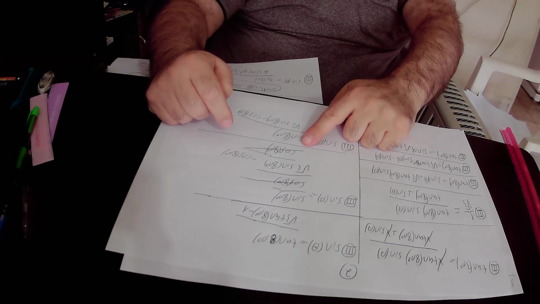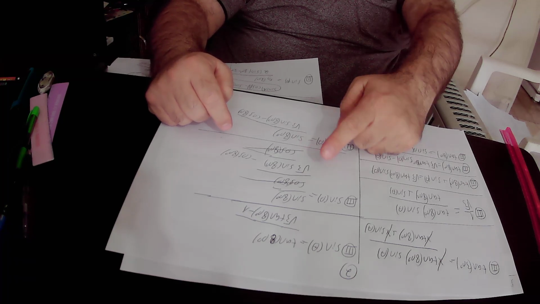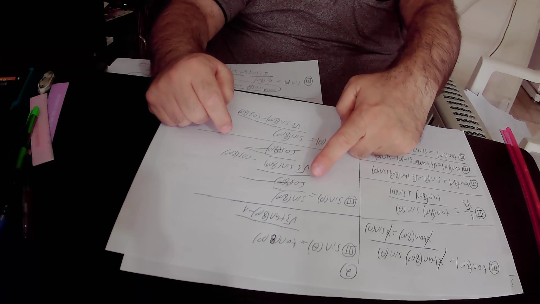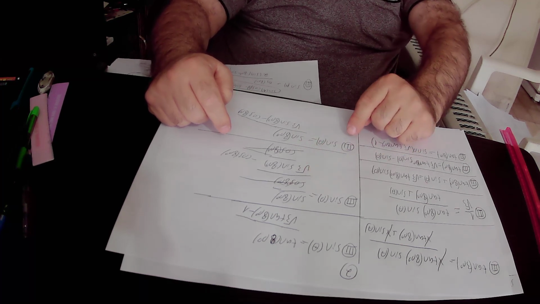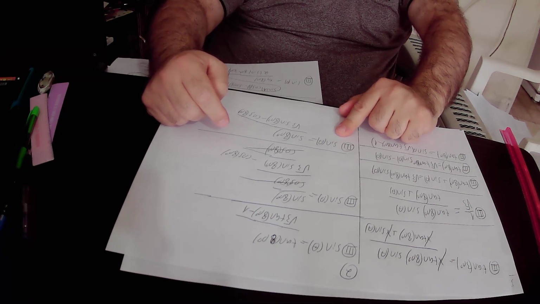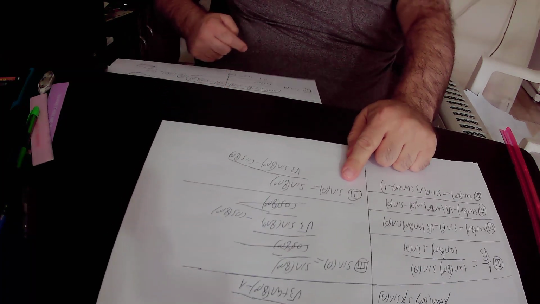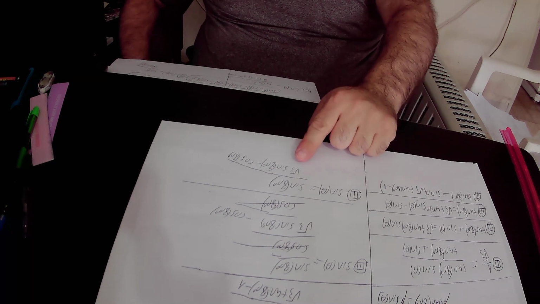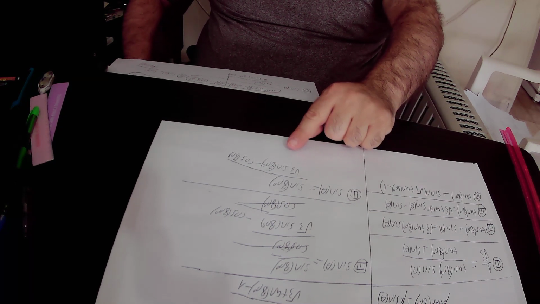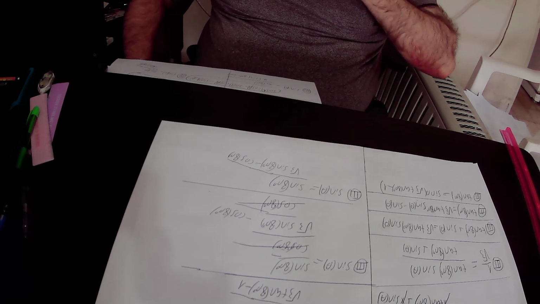And here we have cosine 80 degrees in the numerator and cosine 80 degrees in the denominator, so cosine 80 degrees will get cancelled. What is left here is sine theta equals sine 80 degrees over square root of 3 times sine 80 degrees minus cosine 80 degrees.